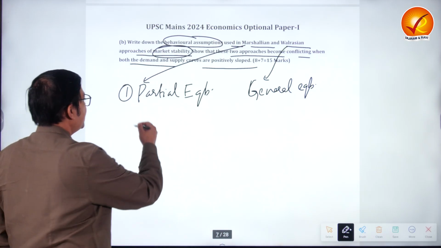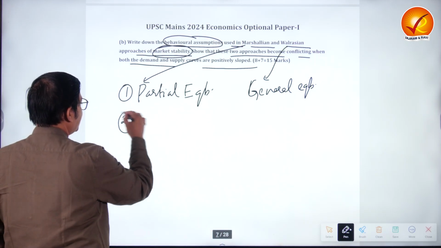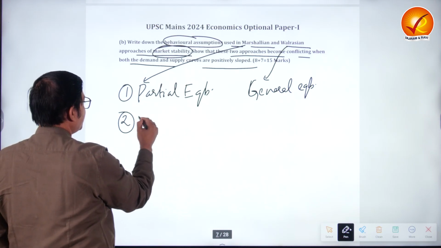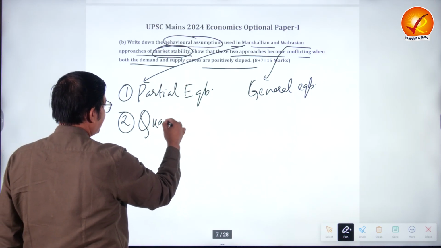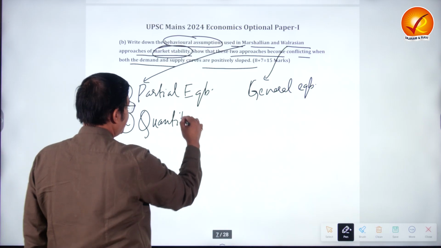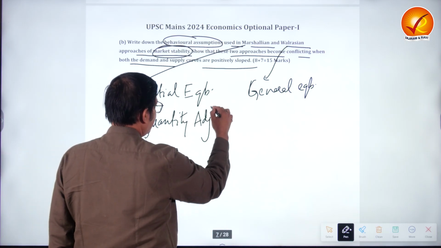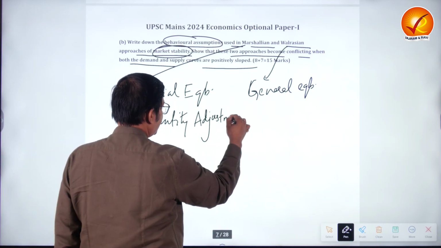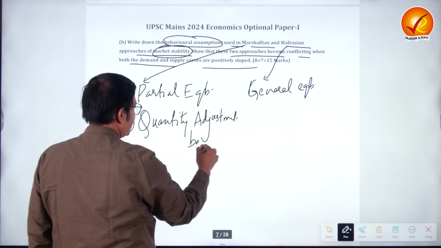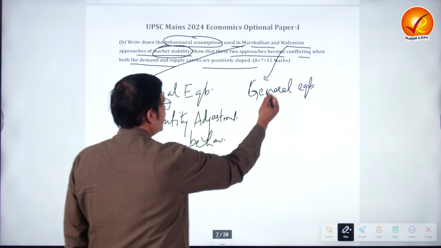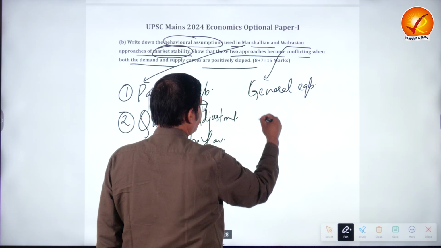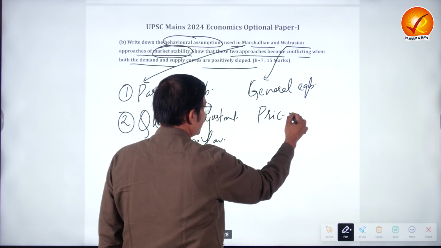In stability, the other part which is more important is that Marshall goes for quantity adjustment behavior, while Walras goes for price adjustment behavior.